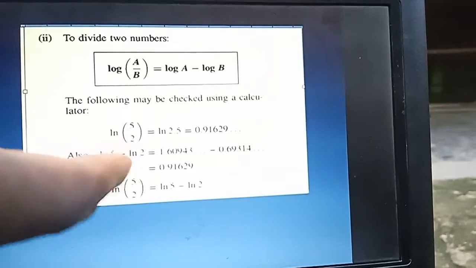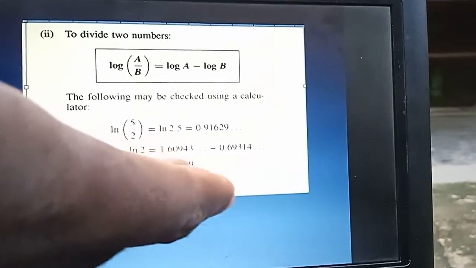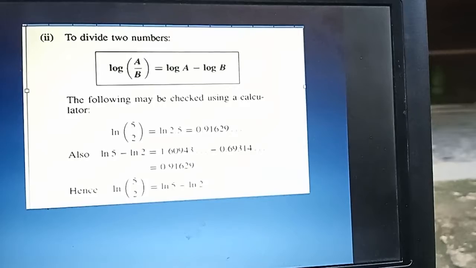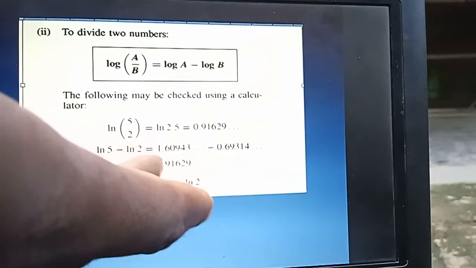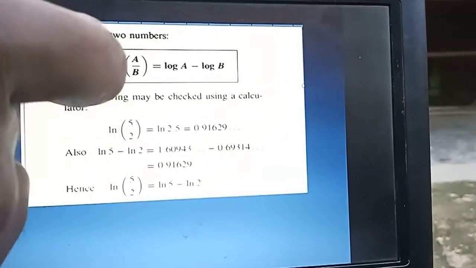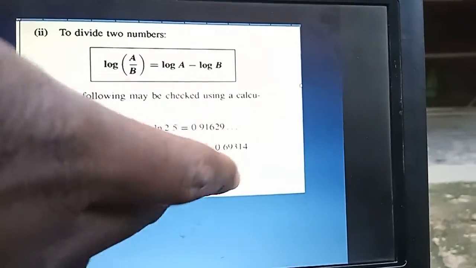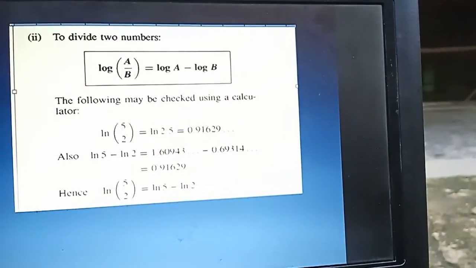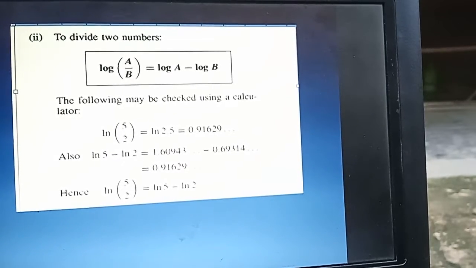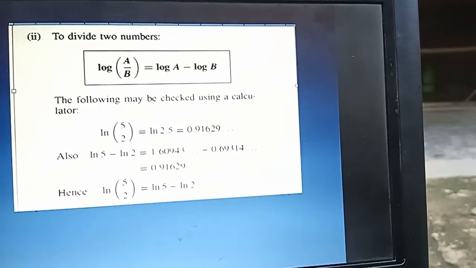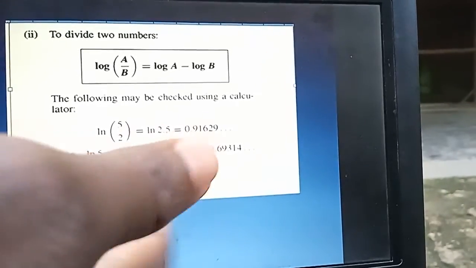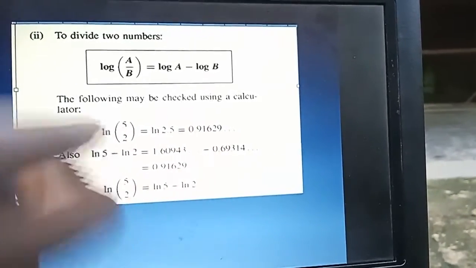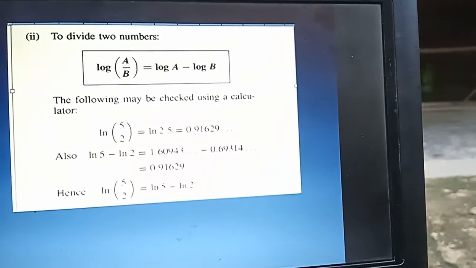When you go there using the table, it will give you this answer, and when you go there for ln 2, it will give you this. Just add them, and it will give you this answer, 0.91629. Is that clear? Are you following? So hence ln of 5 over 2 is equal to ln 5 minus ln 2. Is that clear?